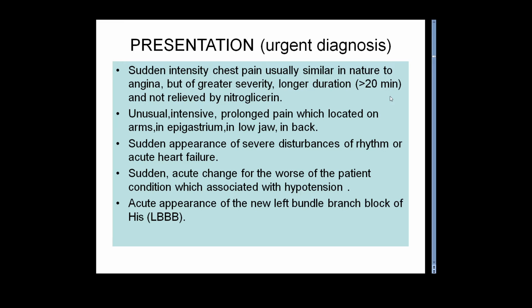Usually the anginous variant of acute MI occurs, which is characterized by severe, sudden, intensive substernal chest pain, usually similar in nature to angina, but of greater severity, longer duration, more than 20 minutes, and not relieved by nitroglycerin.